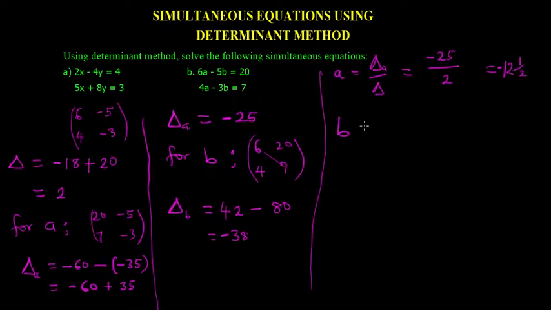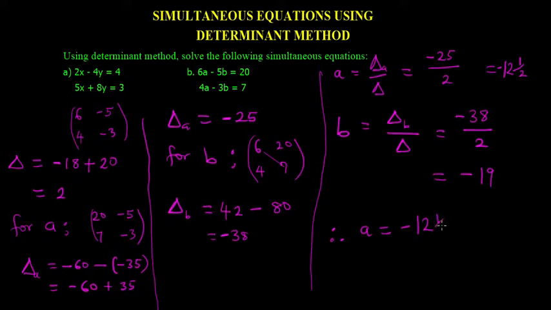On the part of b, the determinant of the part of b over the general determinant is minus 38 divided by 2, and that gives us minus 19. Therefore, a equals minus 12 1 over 2 and b equals minus 19.